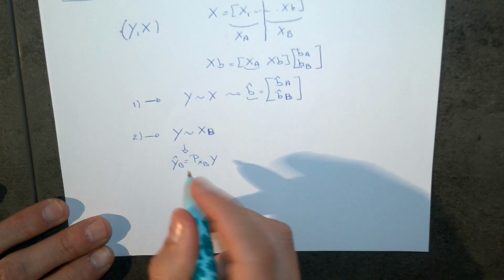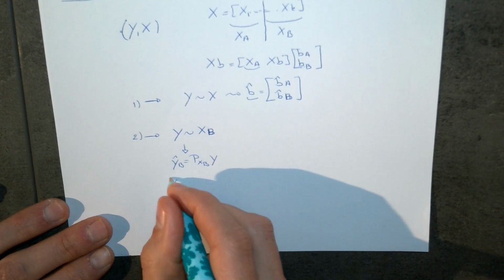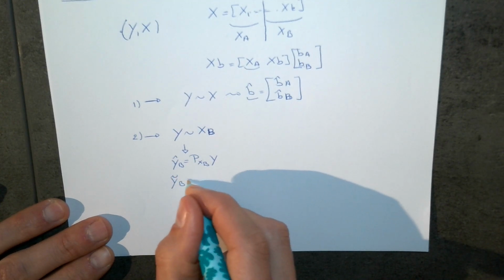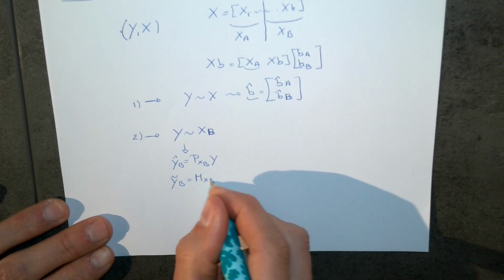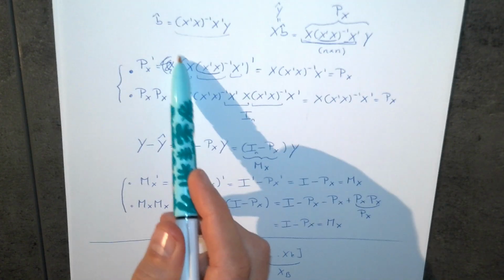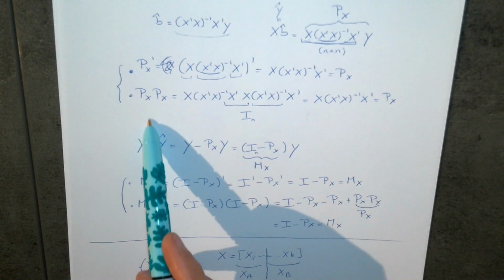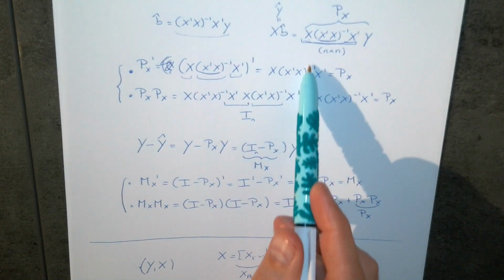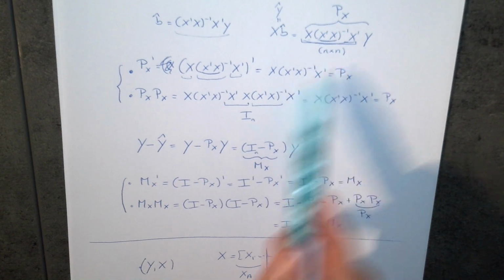This is the projection, and then you get the residual, let's call this y tilde, equal to MXb times y. Once you regress y on something, you get the projection, and then you get the residual.